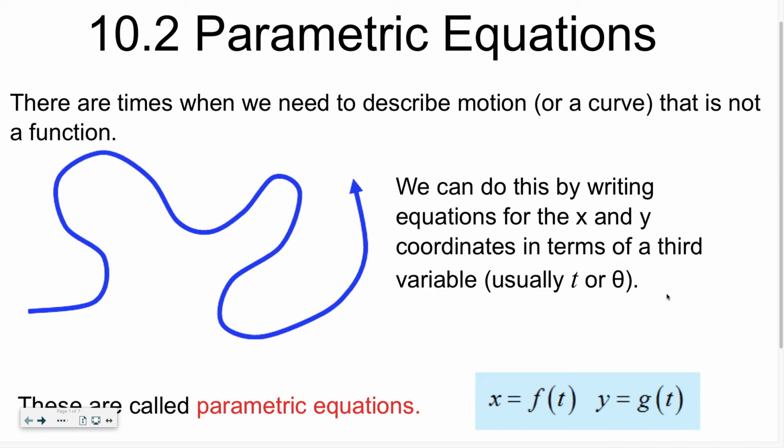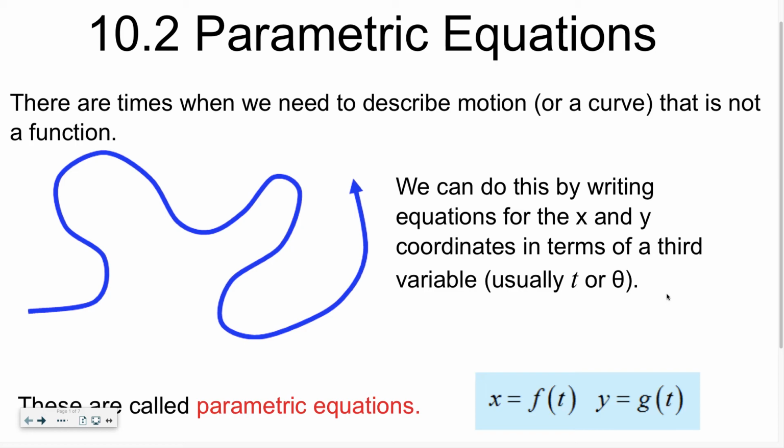What should we write down? The bottom part. The parametric equation. But doesn't that fail the vertical line test? It doesn't have to pass it. Not a function. Sometimes it will be, sometimes it won't be.